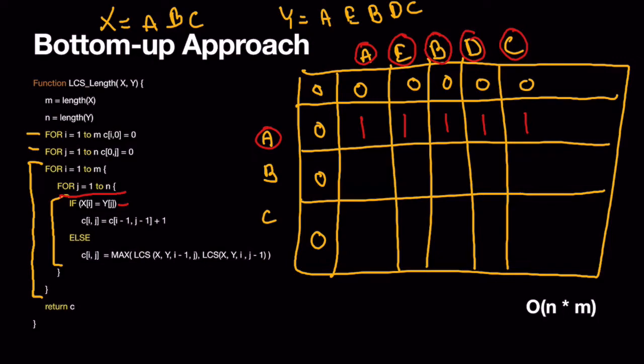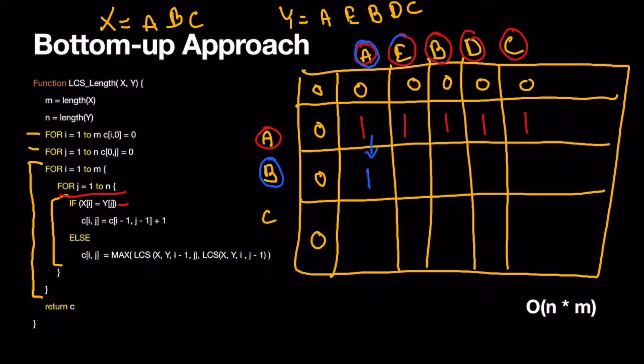And now we increment our i index. So i will equal 2 and j will equal 1. B, A is not equal. So we will be getting i minus 1 comma j. j is equal to 1 and i minus 1 will equal 1. LCS of 1 comma 1 we computed earlier, and that goes down to 1.